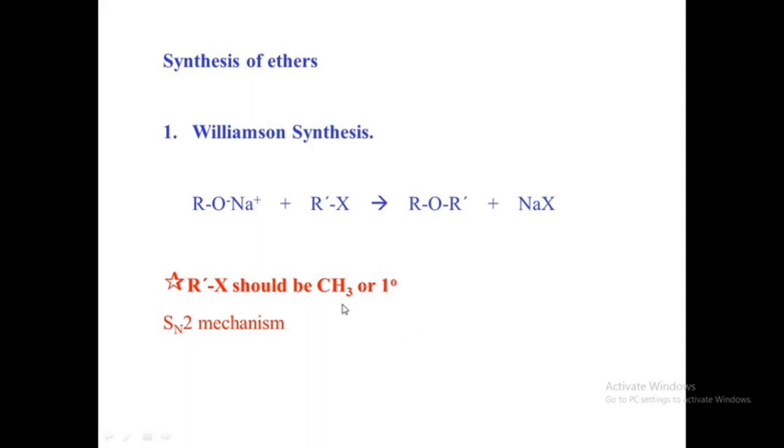Secondary and tertiary alkyl halides do not give ethers, and the reaction follows SN2 mechanism, that means substitution nucleophilic bimolecular. So about SN1 mechanism and SN2 mechanism you have studied in chapter 10.